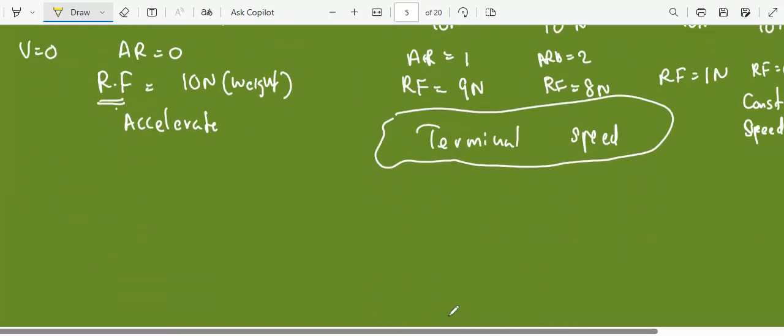Now let's say we have an object starting from rest, and the speed of the object after each second is 2, 4, 6, 8. There's another object whose speed goes 1, 3, 6, 10.